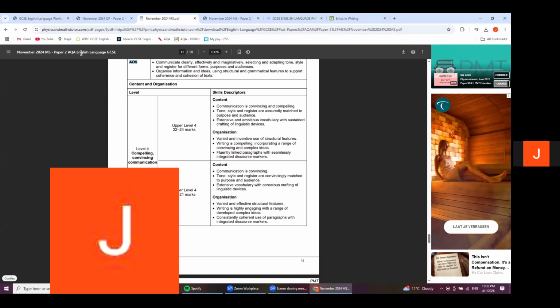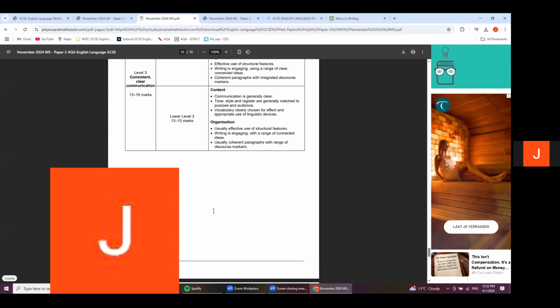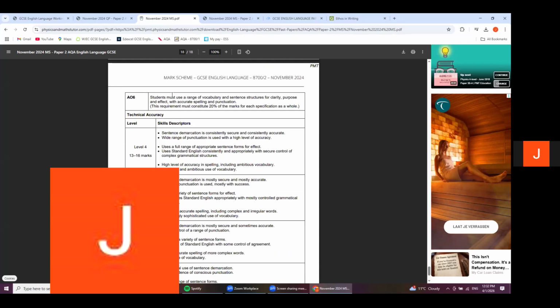So you can find these documents on revision websites. You can type in mark schemes, and PMT is certainly a really good website for that. And I'll just very quickly show you AO6. So AO6 is: students must use a range of vocab and sentence structures for clarity.